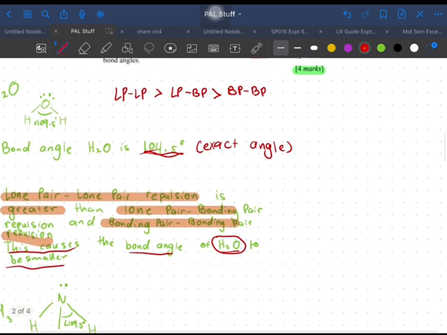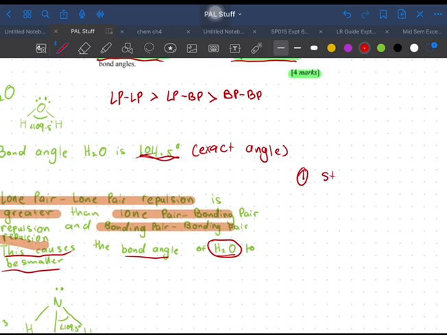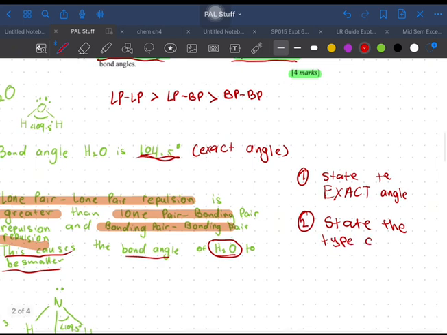So the thing is, number 1, state the exact angle. Number 2, state the type of repulsion it has.